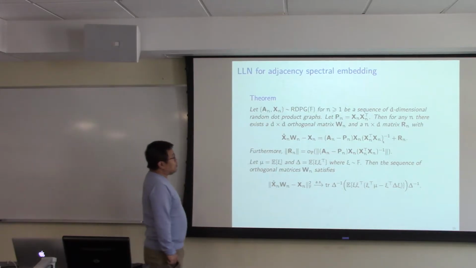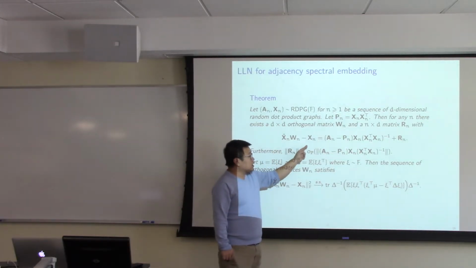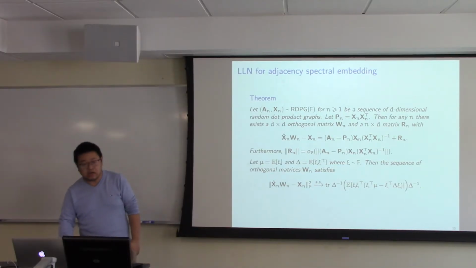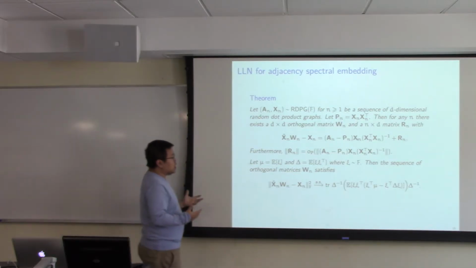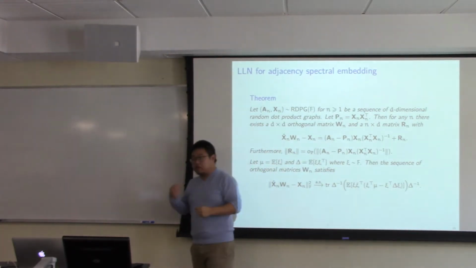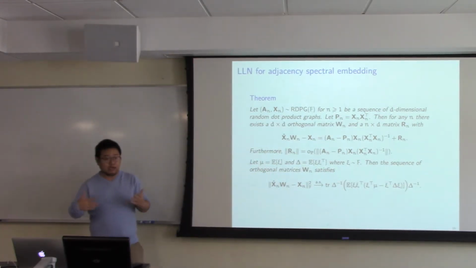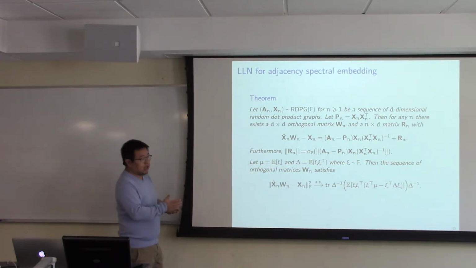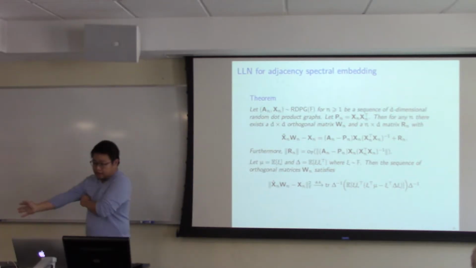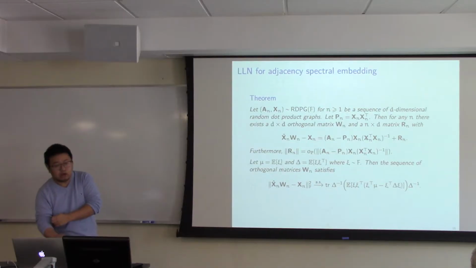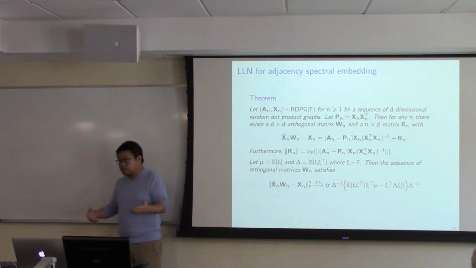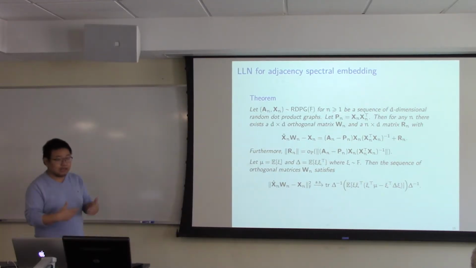The reason I want to write it this way is because the right-hand side is just a function, if I condition on Xn, of a linear function of the independent random variables An. Once I condition on Xn, I have Pn, so An is random Bernoulli with Pn. So this is just a linear quantity in terms of An and Pn, which are independent random variables that I can easily analyze.